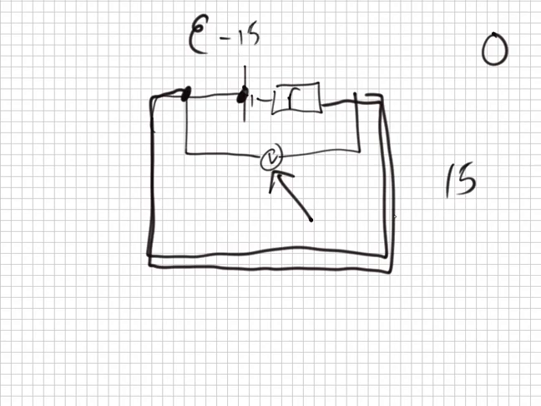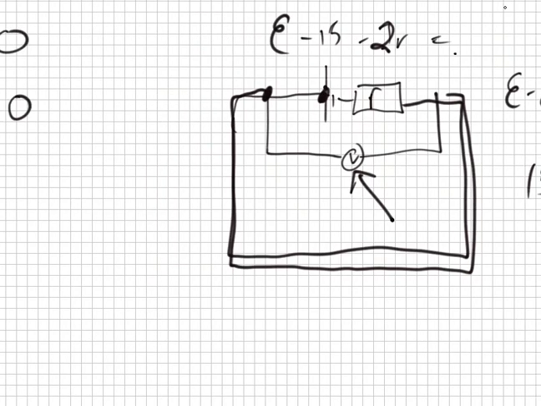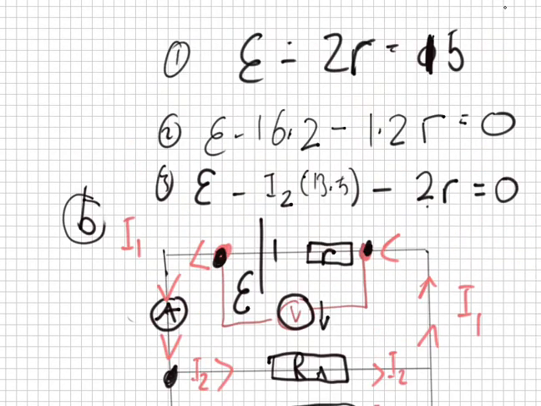It was given in the question, 15. Then minus I OR here, that should equal 0. So then I get, and this was 2, E minus 2R equals 15, which is what I have there.